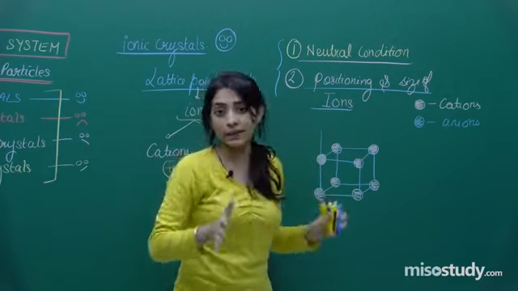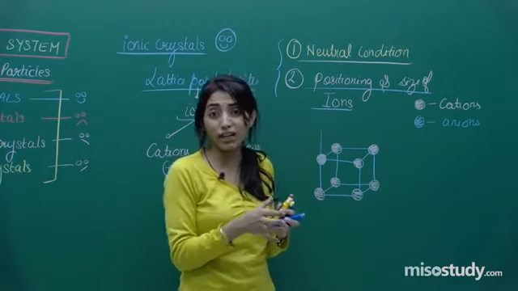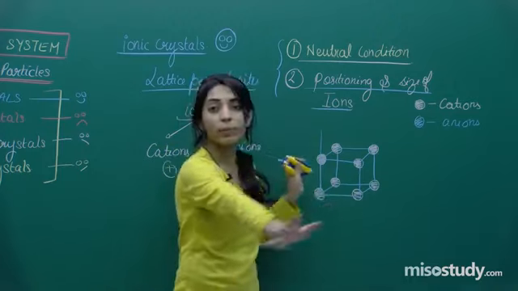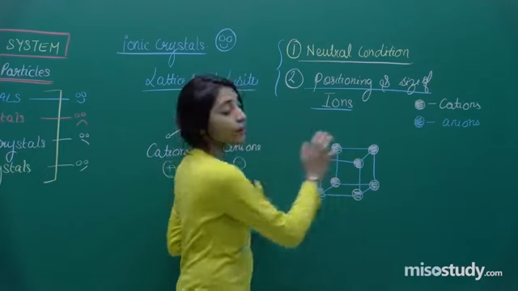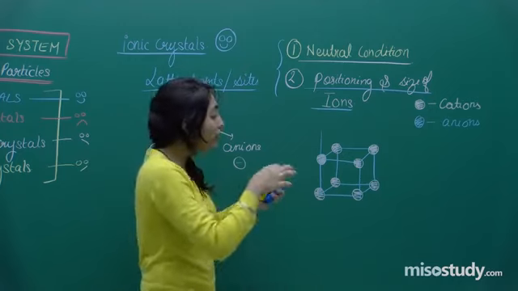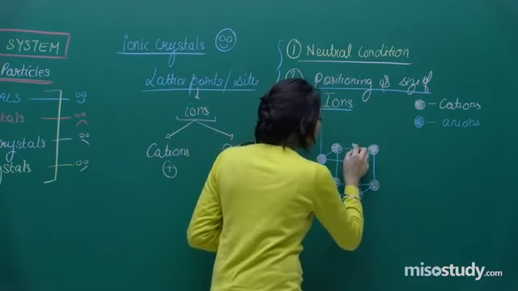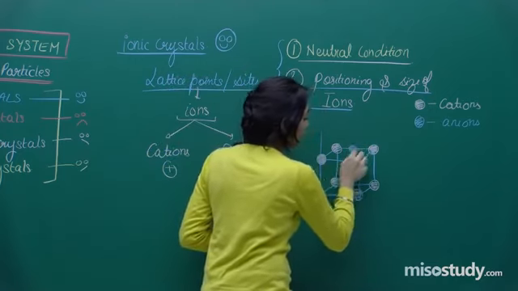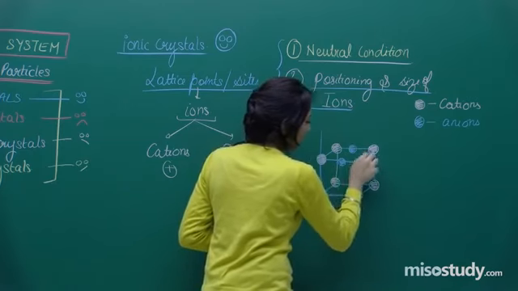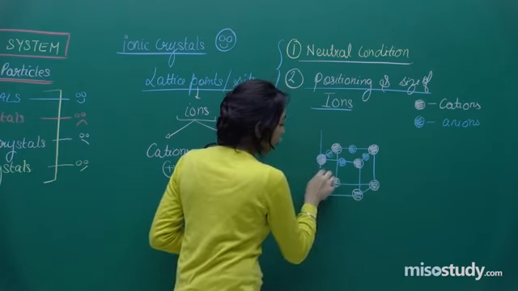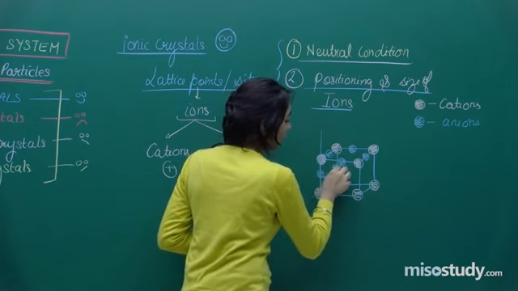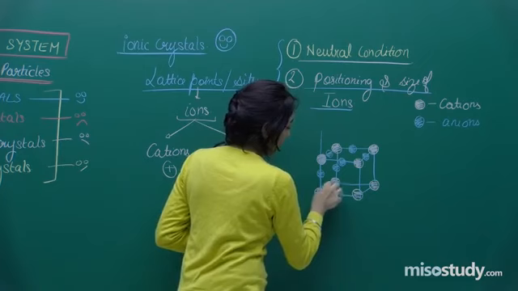If the complete crystal system has only positive charges, don't you think there will be lots of repulsion and the crystal system will break? So all positive cannot be present there. That means we must have certain negative ions present in between, something like this. Between two positive ions, there is one negative ion present.